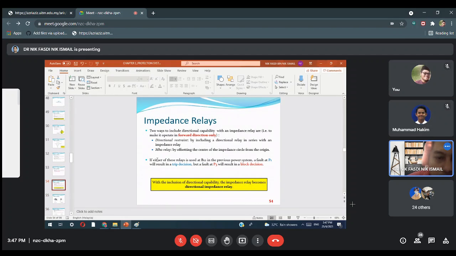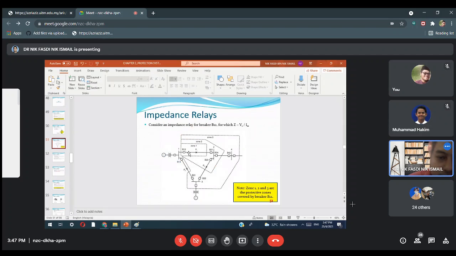Right? If either of these relays is used at B12 in the previous system, a fault at P1 dia akan jadi trip decision. Kenapa? Because they are combined dengan directional relay. But a fault at P3 results in a block decision. Dia tak akan trip because dia jadi reverse direction. Itu clear, faham ya? Itu maksud dia. So, you kan tahulah mana forward, mana reverse, I cerita sebelum ni.